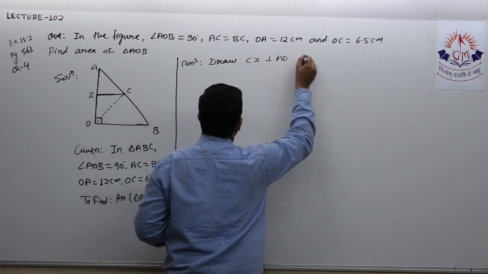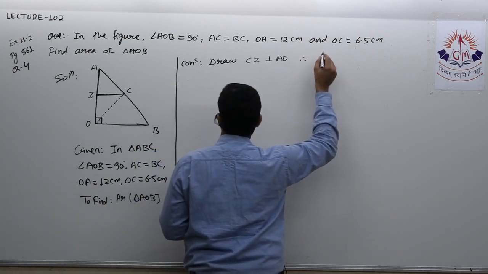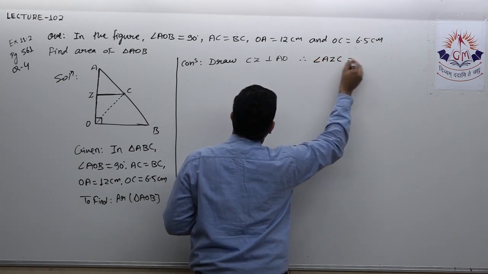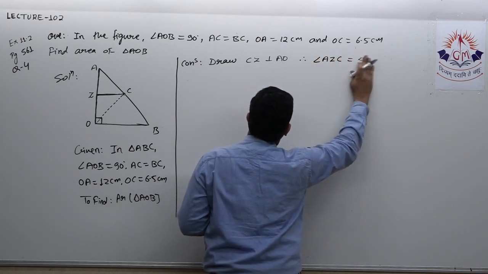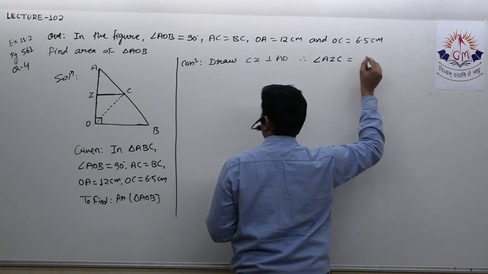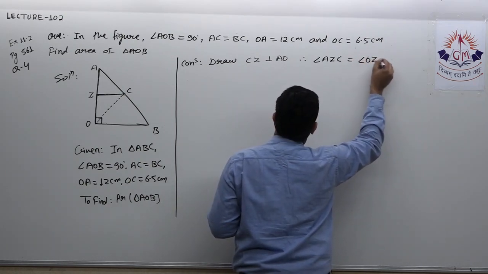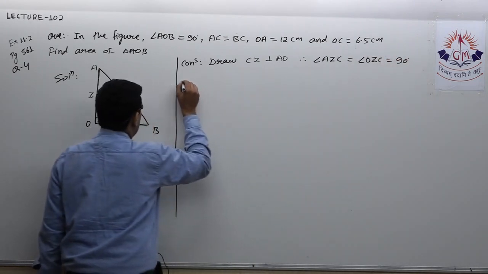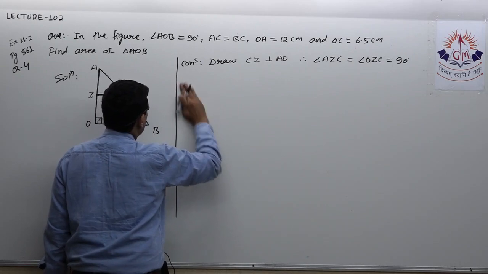Draw CZ perpendicular to AO, therefore angle AZC is equal to angle OZC is equal to 90 degree. Now we'll see its solution.